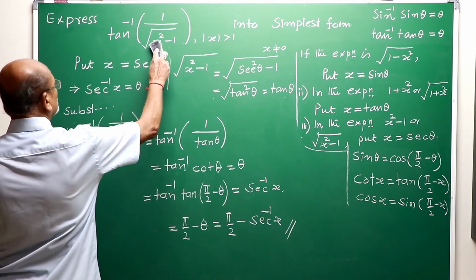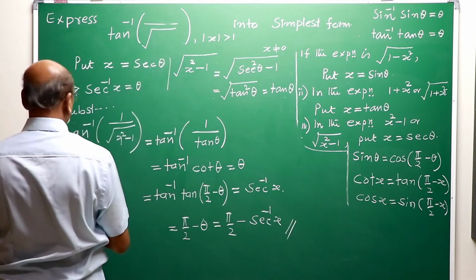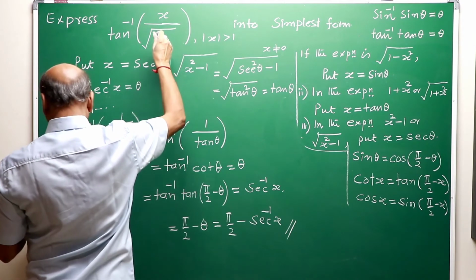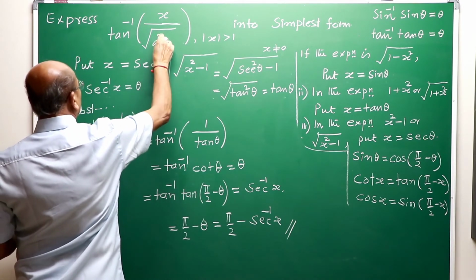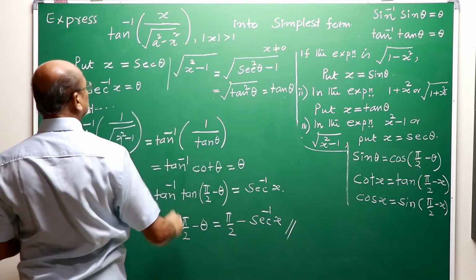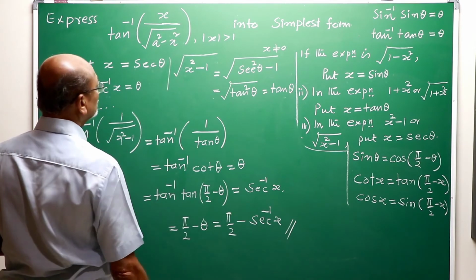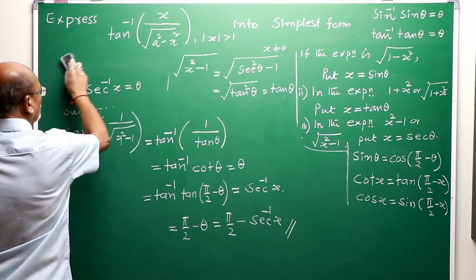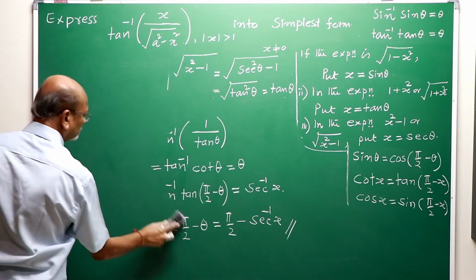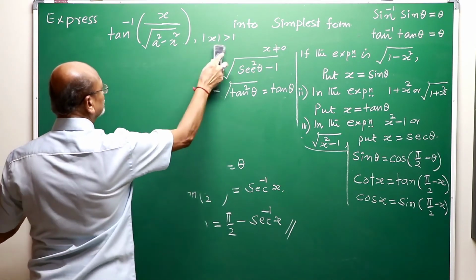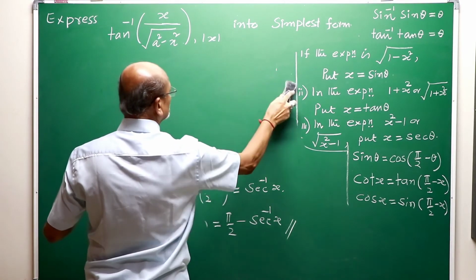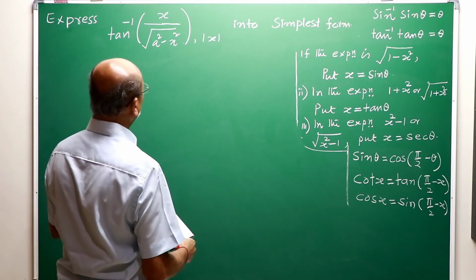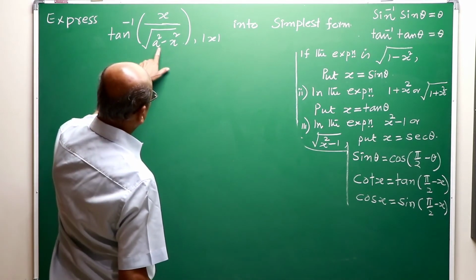Express tan inverse of x upon root a square minus x square into simplest form, where, see my friends, once again, square root means this expression must be real.